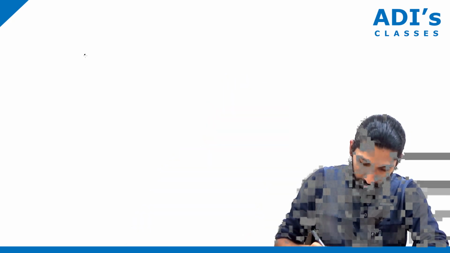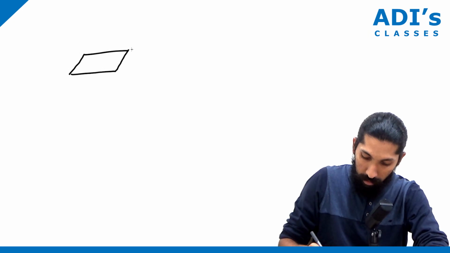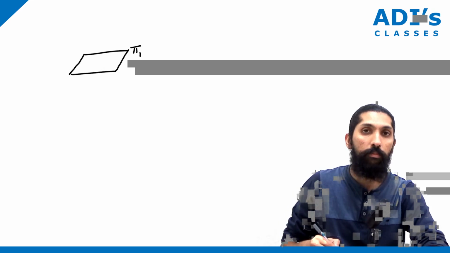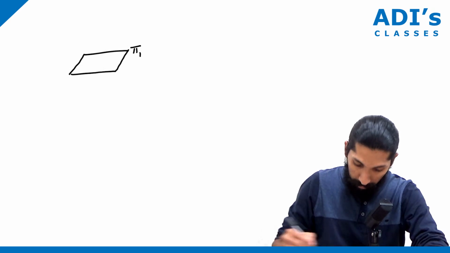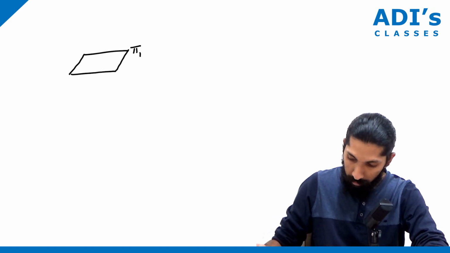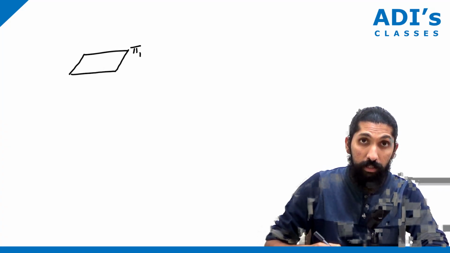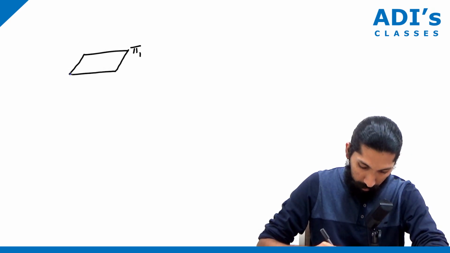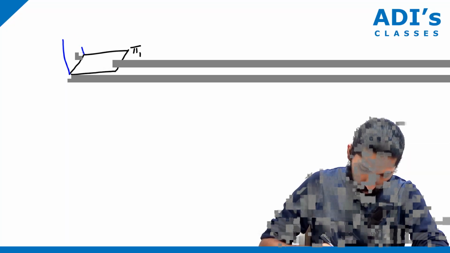So here, let's assume that you have one plane which is going to be like this. Let's call this pi 1, assume. Now, let's say you have another plane, something like this.